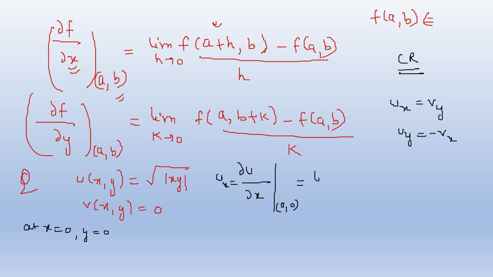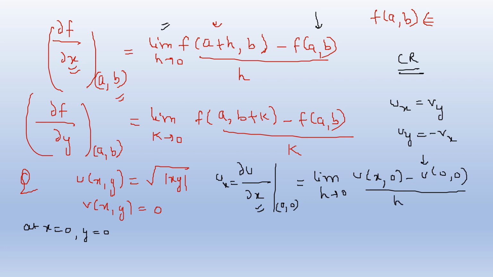So it will be limit, this is how you can solve it, limit h tends to 0, because points are origin, u(x, y) where x is h and y is 0, minus u(0, 0), divided by h, correct?